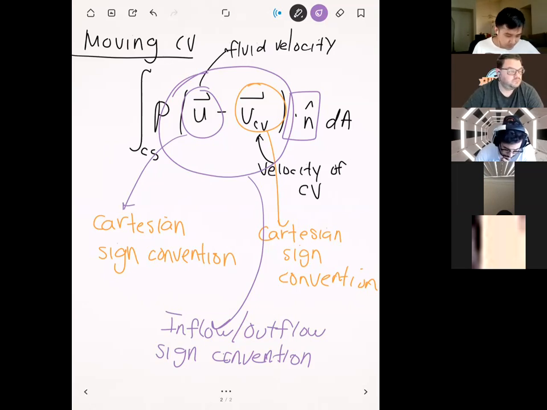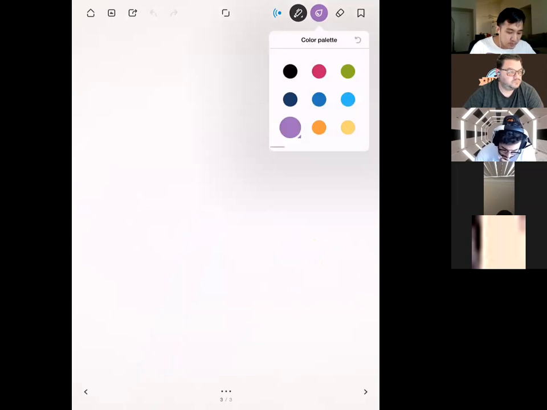Okay, so now let's move on to conservation of momentum, or more specifically, conservation of linear momentum.